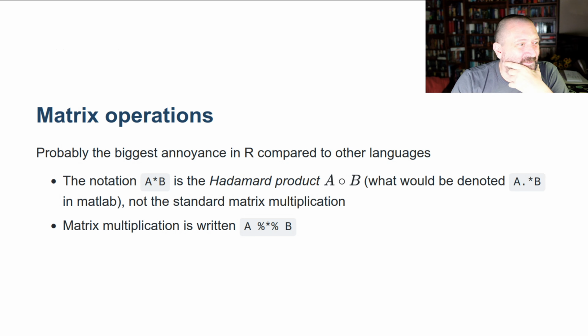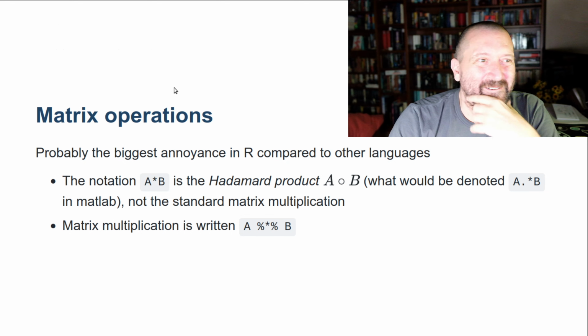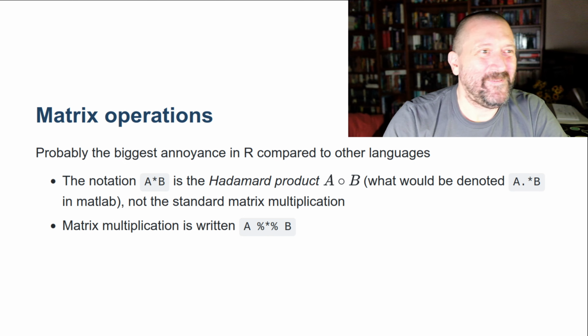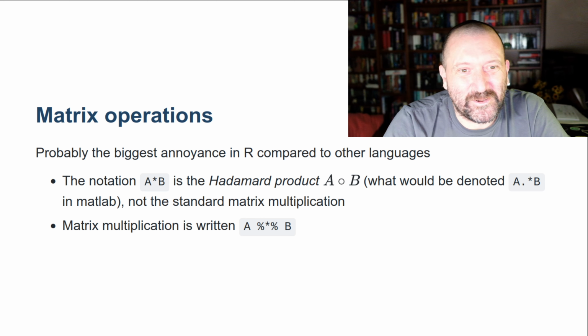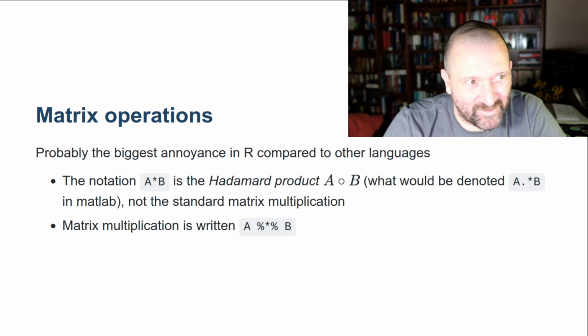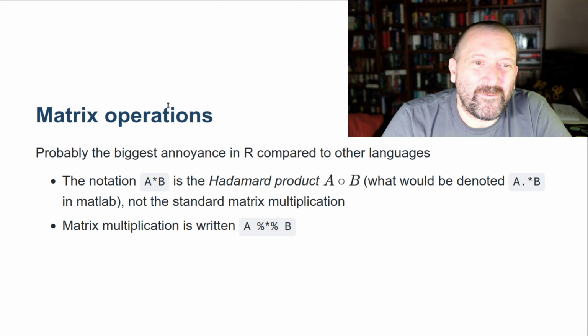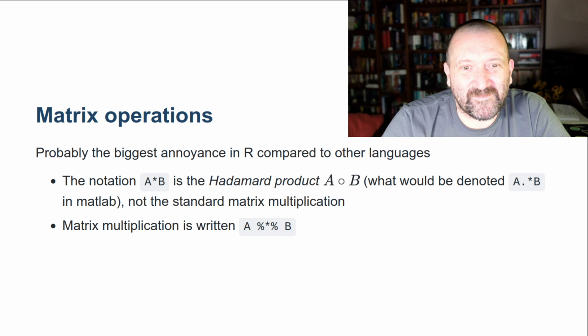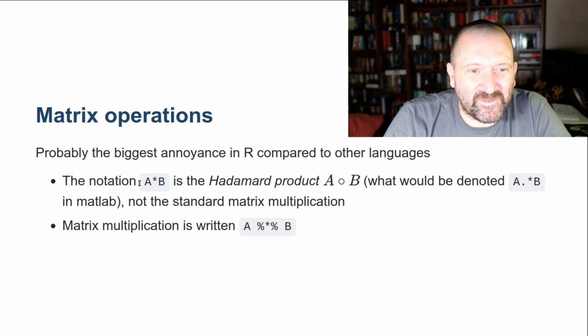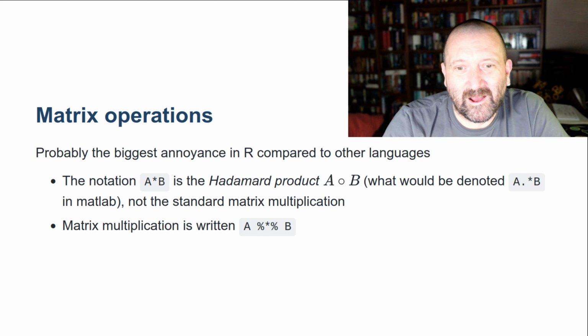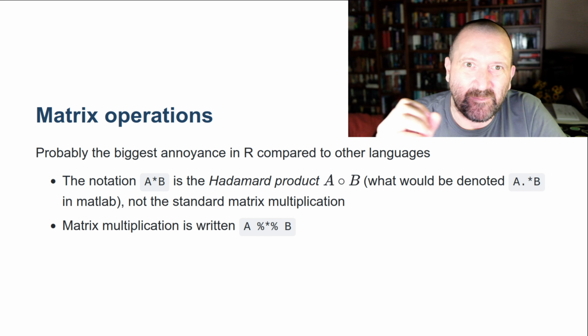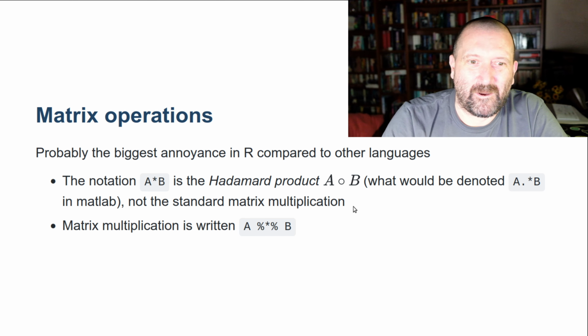Matrix operations. There's a very interesting issue when you're doing matrix computations in R, which, for instance, I end up doing a lot of, is that contrary to most other languages that I know, R uses the notation star to denote what is called the Hadamard product, which is the entry by entry product of matrices.